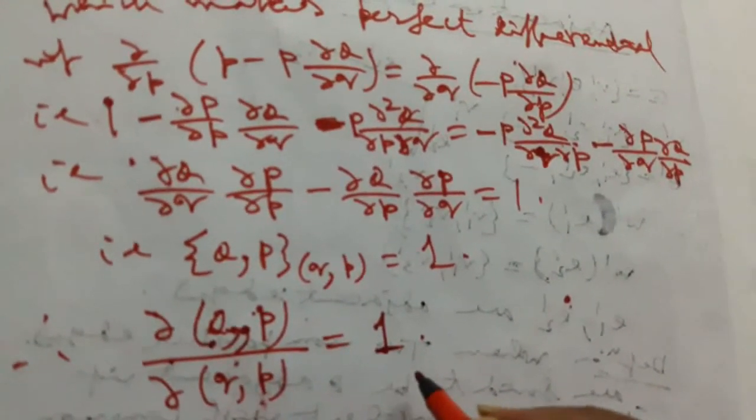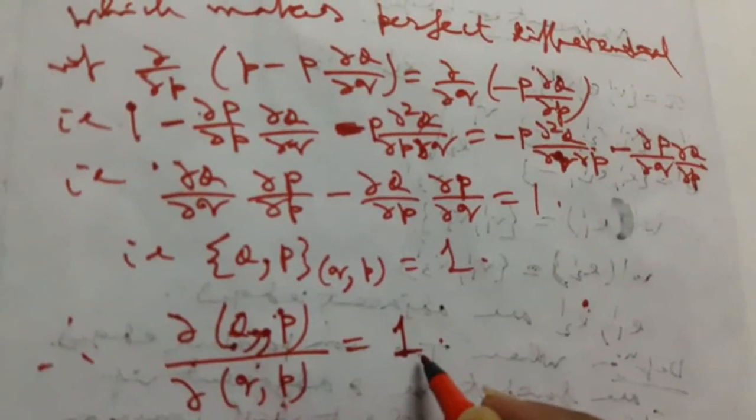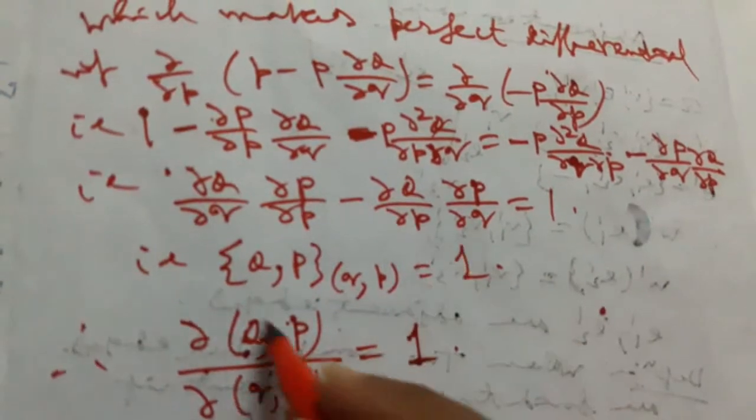So we can prove this Jacobian equals 1, since they are the same in the Poisson bracket as well as in the property of the Jacobian.